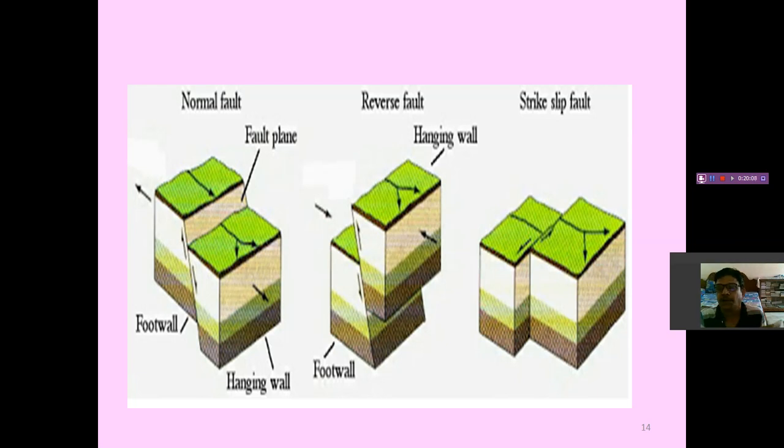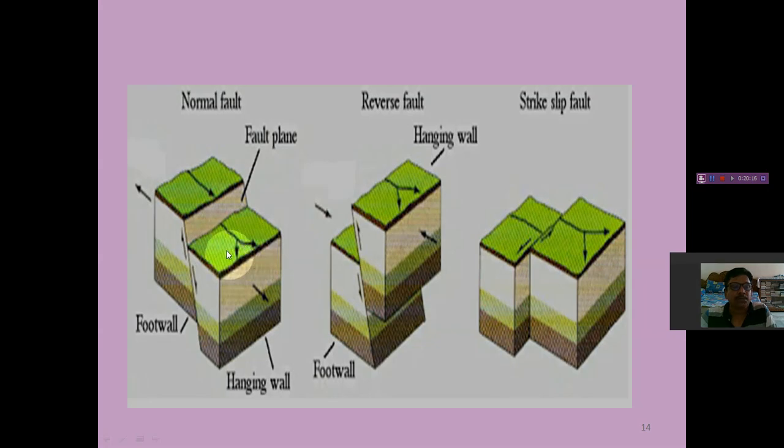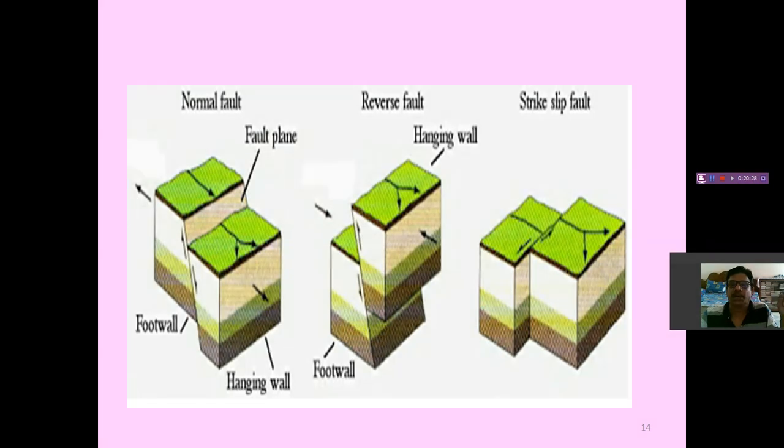That is a reverse fault. Because it is very normal for the hanging wall to slide, this is known as a normal fault. Because you see the hanging wall has come down, footwall is here only. Whereas here in this case the hanging wall has gone up or the footwall has come down, whatever it is, story is same. That is the relative movement.